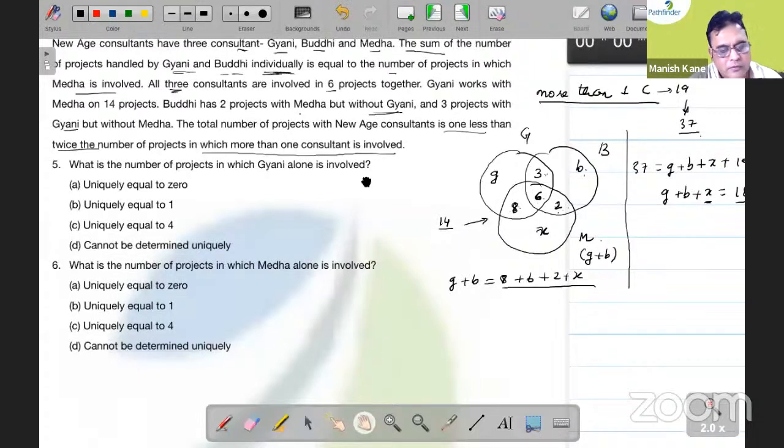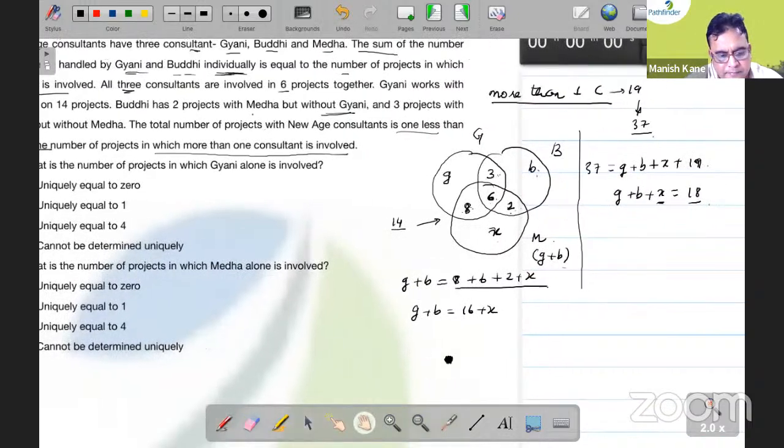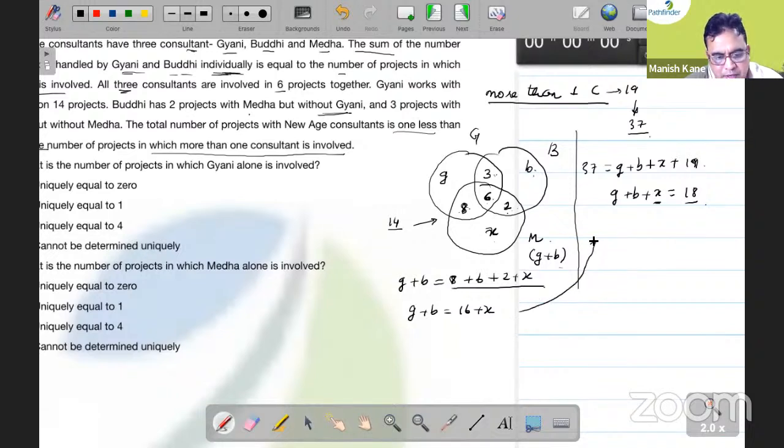G plus B is the number of projects in which Medha is involved, which is 8, 6, 14 to 16 plus X. So in this equation, I can write G plus B as 16 plus X. So 16 plus X is equal to 18. So X must be equal to 1. So the number of projects handled alone by Medha is 1.